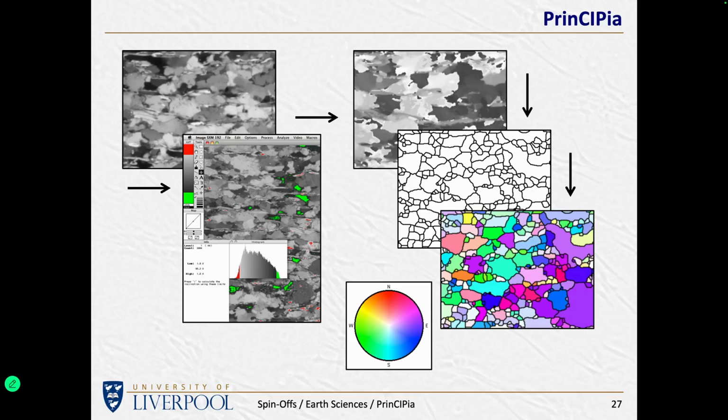Are they all in the same direction? Are they all in random directions? Can I deduce the chemical and physical structure of this rock, as well as the so-called texture of this rock, the collection and the distribution of crystal orientations, that tells me how this rock came to be and how it's been processed over millions or perhaps even billions of years.